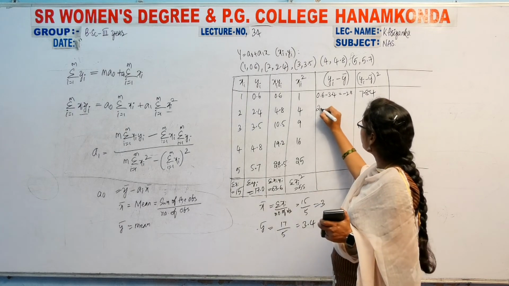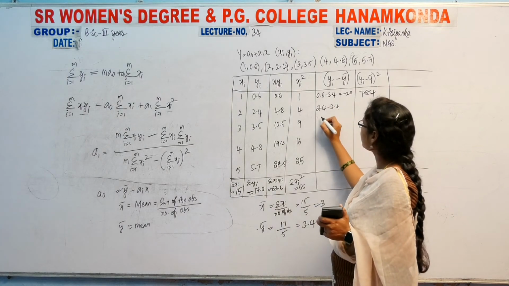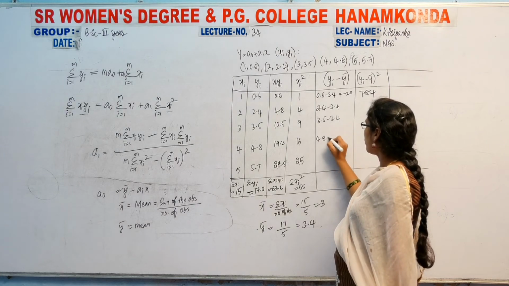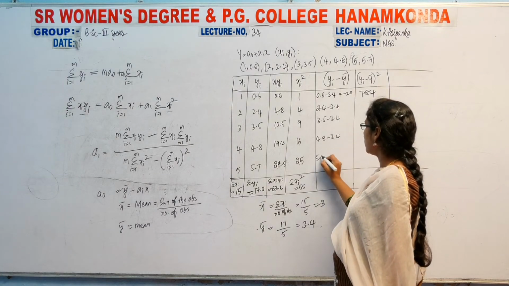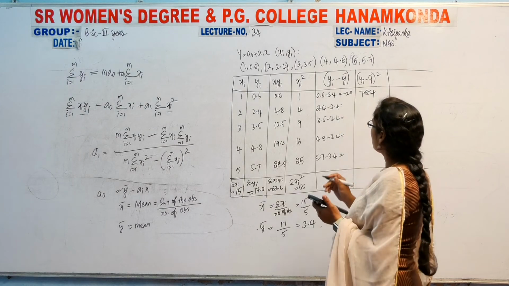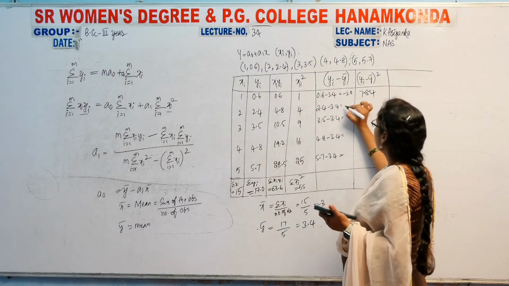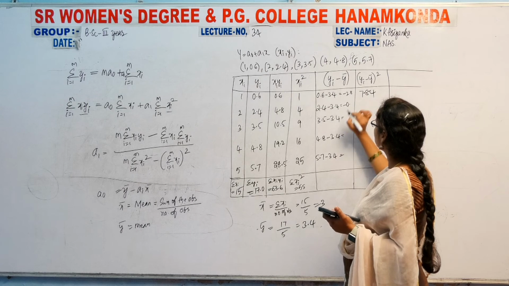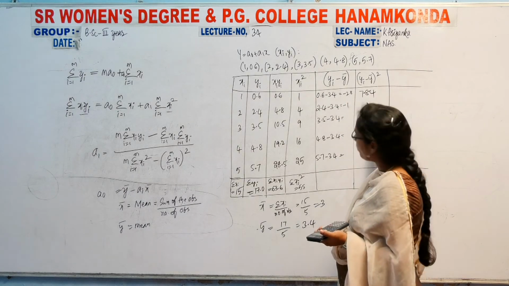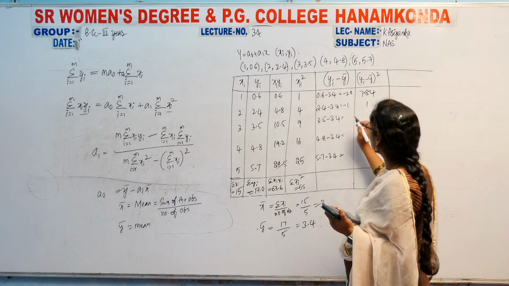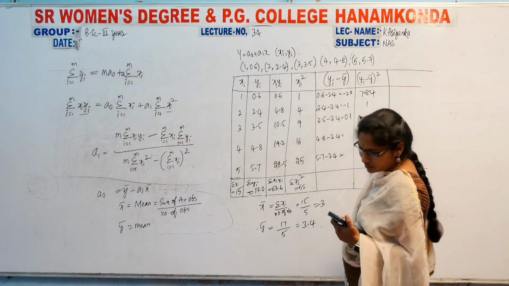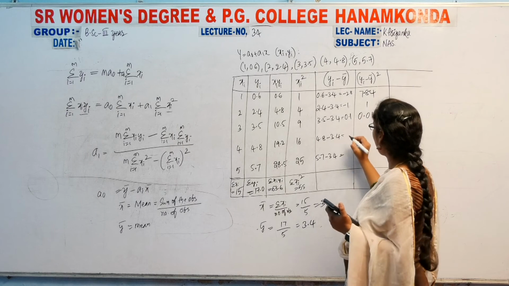Now yi means 2.4 minus 3.4, 3.5 minus 3.4, 4.8 minus 3.4, 5.7 minus 3.4. So now here minus 1, so it is nothing but 1 only. Next, 0.1. So then what do we get here? 0.01.